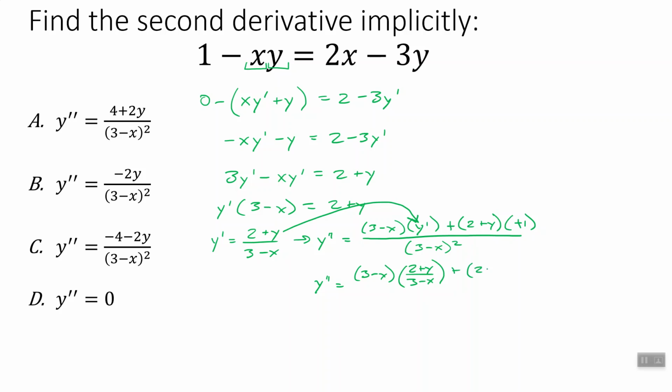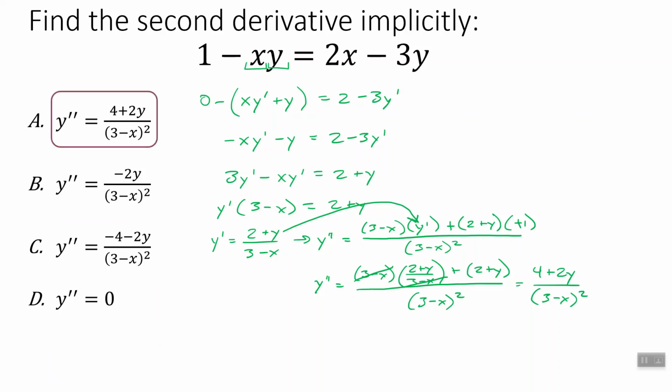So plus 2 plus y all over 3 minus x squared. We can't bring this down, but we can cancel those out. So we get 2 plus y plus 2 plus y, so that's 4 plus 2y over 3 minus x quantity squared. And that looks like answer choice A.